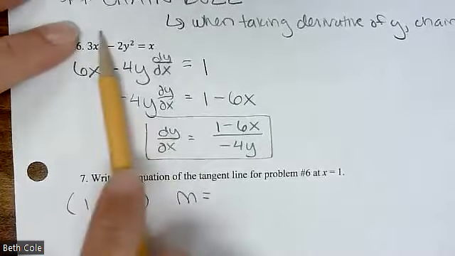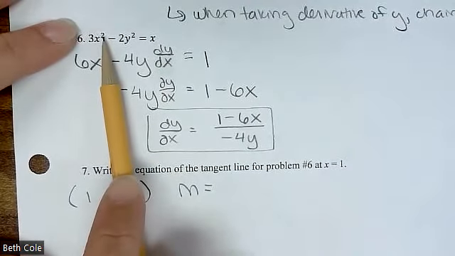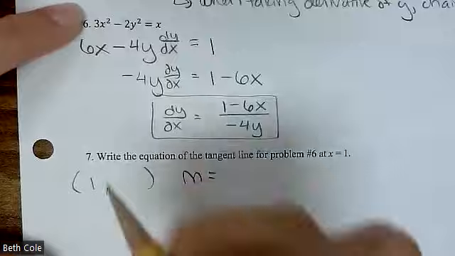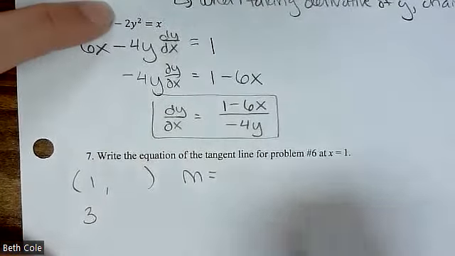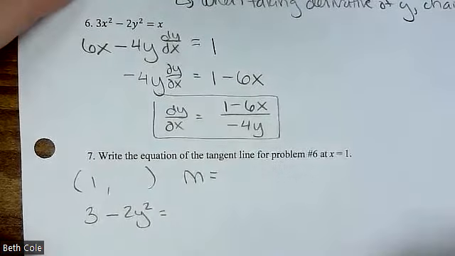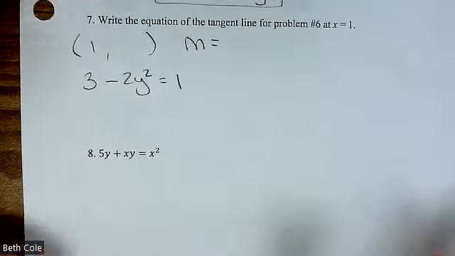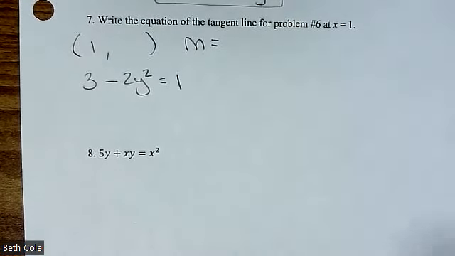We're going to plug x into the original to get our point. We're going to plug in 1 for x. So 1 squared would just be 1, times 3 is 3. So we get 3 minus 2y squared equals 1. We're plugging in 1 for x. And then we've got to solve that. So what would you do to both sides? Minus the 3.